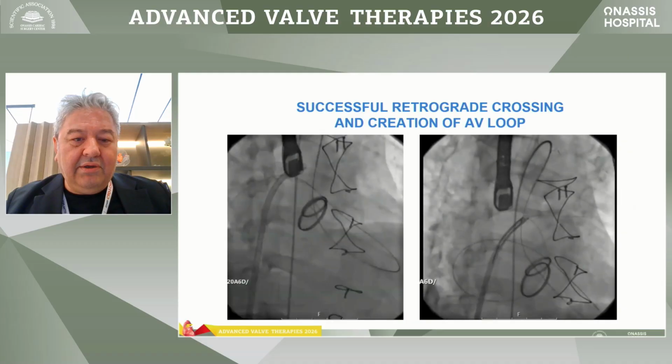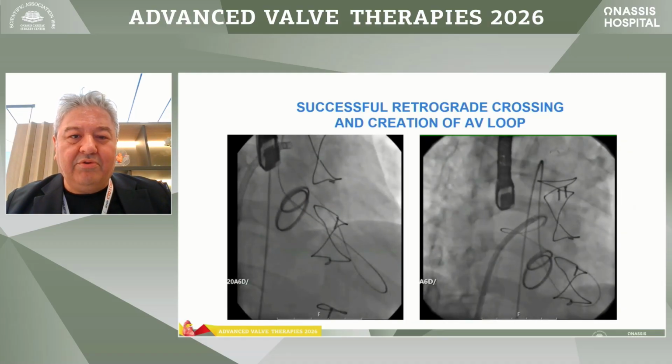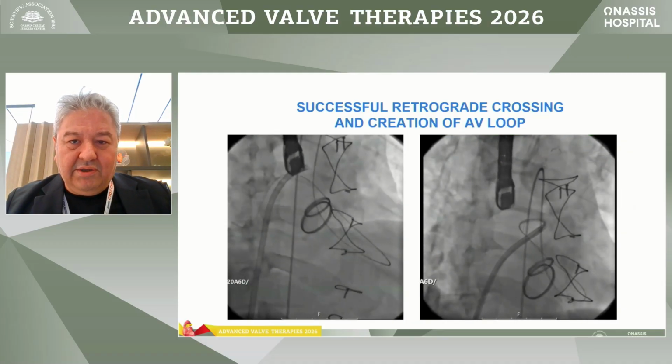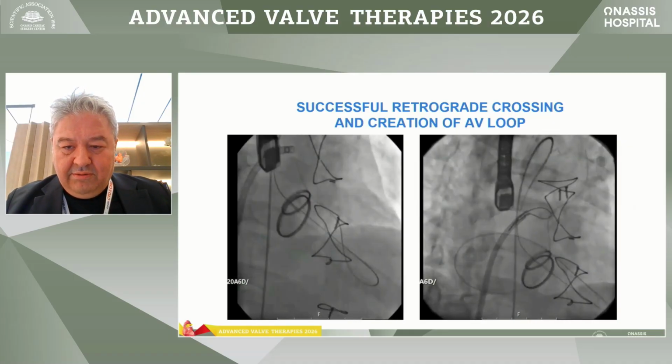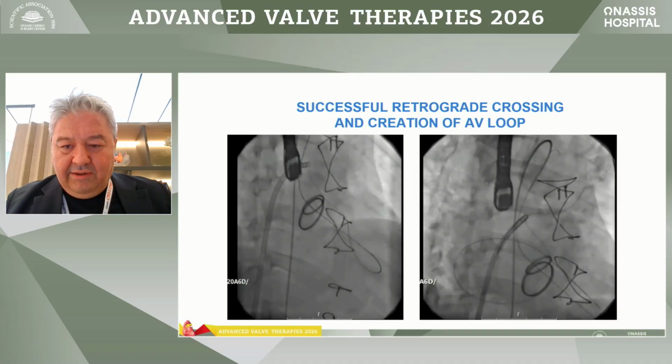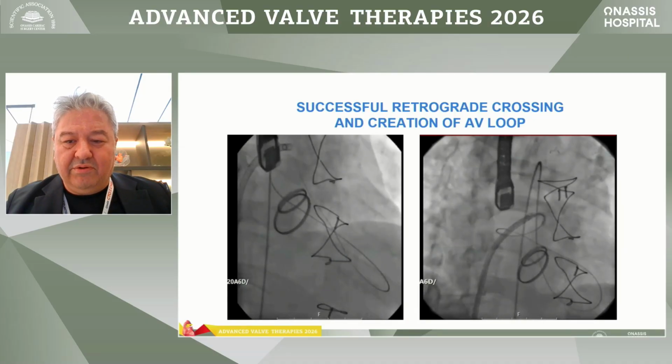So we used the retrograde approach again, successfully crossed the leak, snared the Terumo guide wire here, and then created an arteriovenous wire loop.